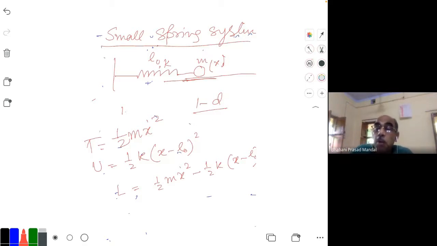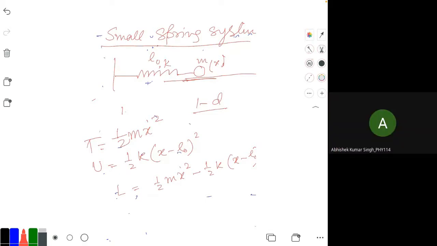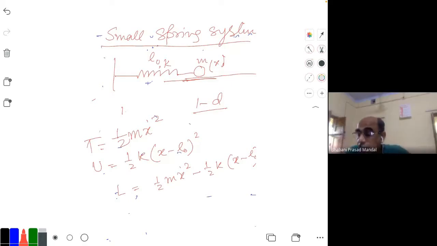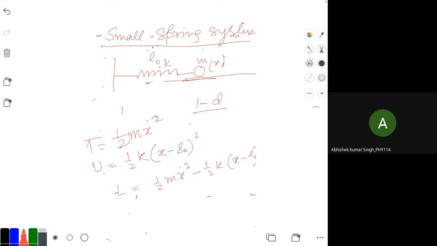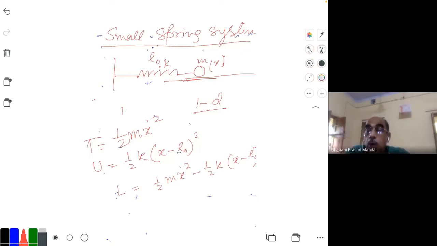So Abhishek Kumar Singh, what is your roll number? Yes sir, 19220 PHY 114. Tell me the last 3 digits. 114. Then Akhil.